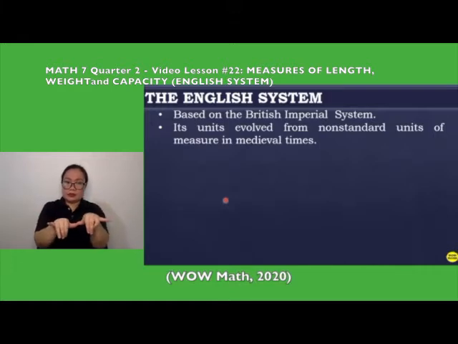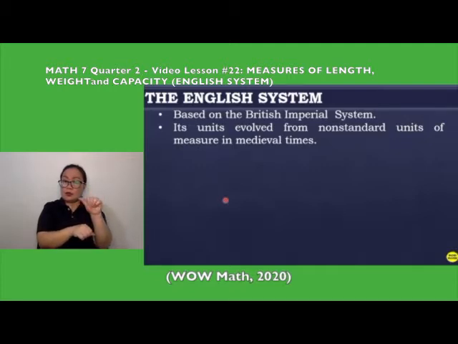So, kung napanood nyo po yung video tutorial natin dun sa Introduction to Measurement, doon diniscuss yung primitive papunta sa modern. Na-discuss doon kung ano ang mga ginagamit noong unang panahon during the Babylonians and Egyptians.